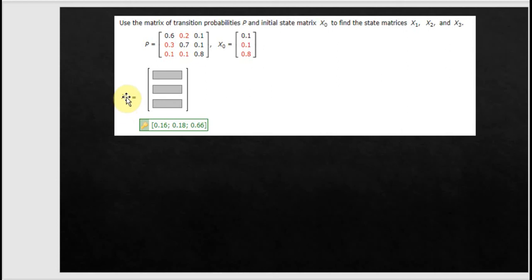So here they want us to find x sub 1, x sub 2, and also x sub 3. So x sub 1 is simply this transition matrix P times x naught.